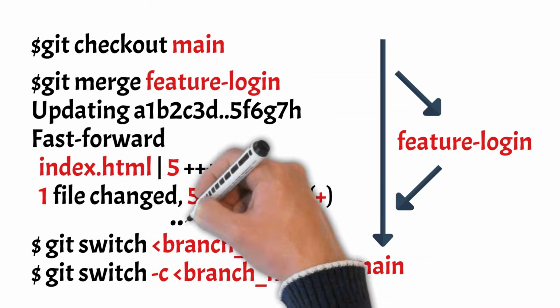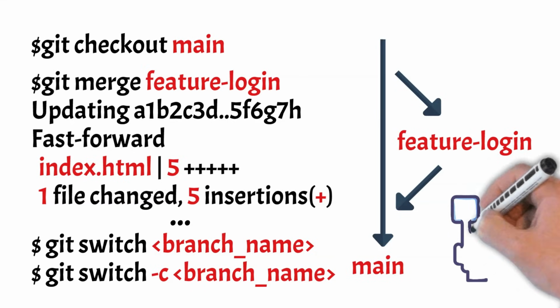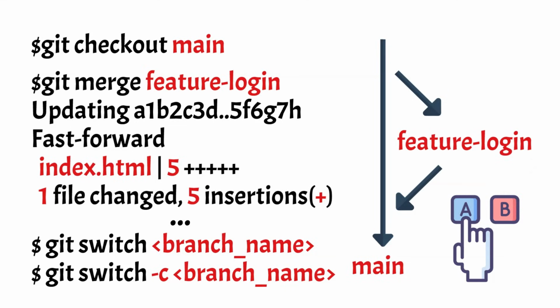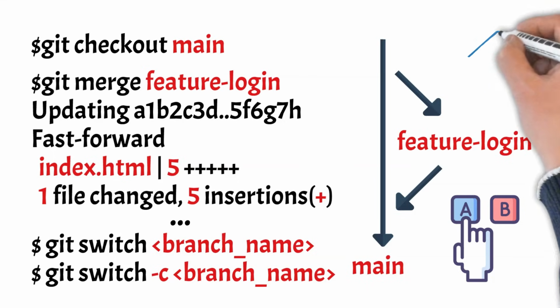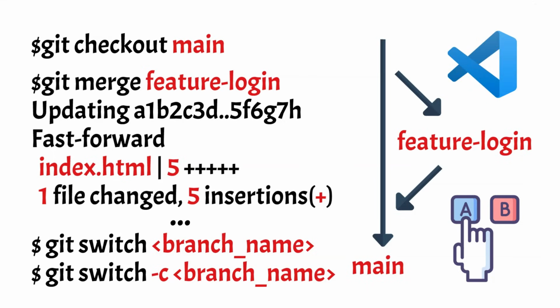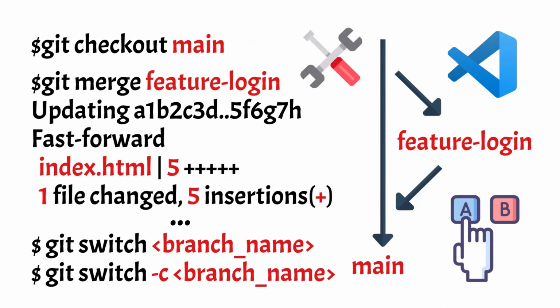But if there are conflicting edits in the same part of a file, Git will flag a merge conflict. You would then have to manually tackle those conflicts by telling Git which version to use. You can resolve merge conflicts using visual tools built into most modern editors, such as VS Code. After merging, your feature branch isn't deleted. It still exists and can be reused or removed later, while all of its changes are now part of the main branch.